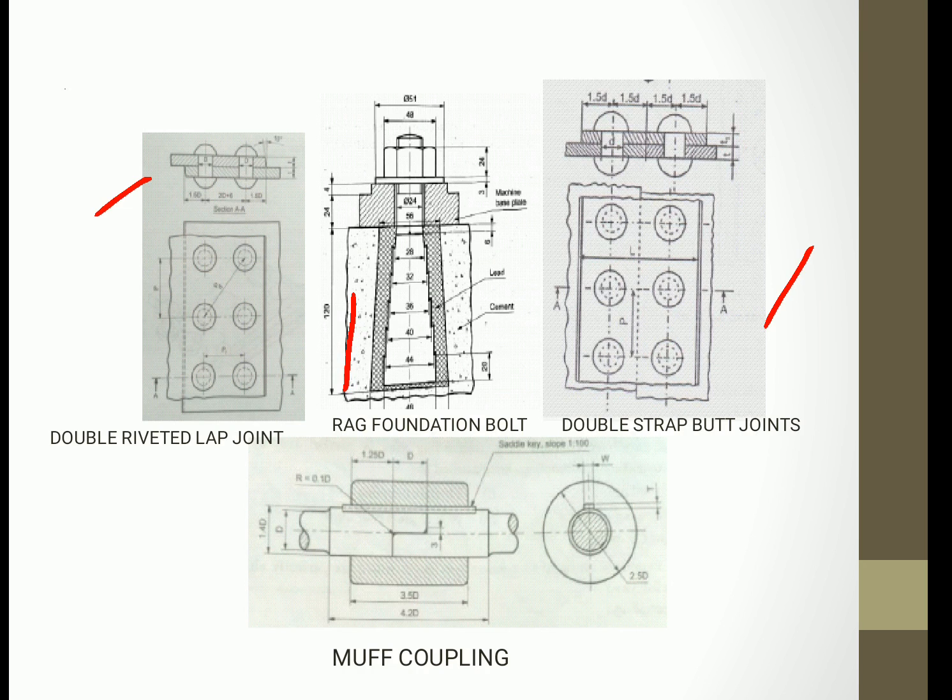So a muff coupling consists of a hollow cylinder whose inner diameter is the same as the diameter of the shaft.